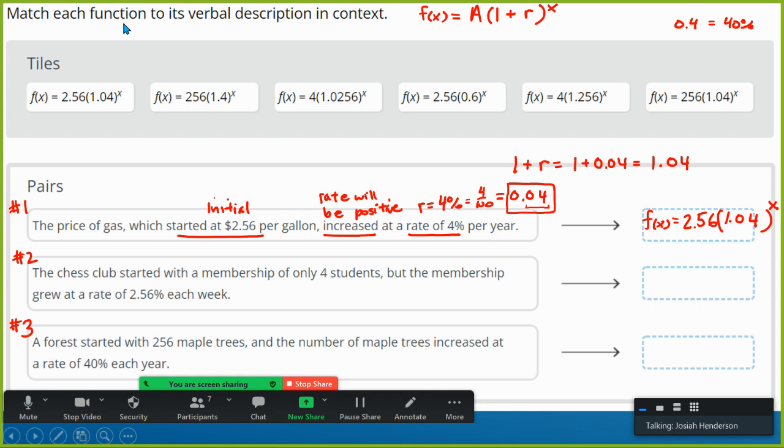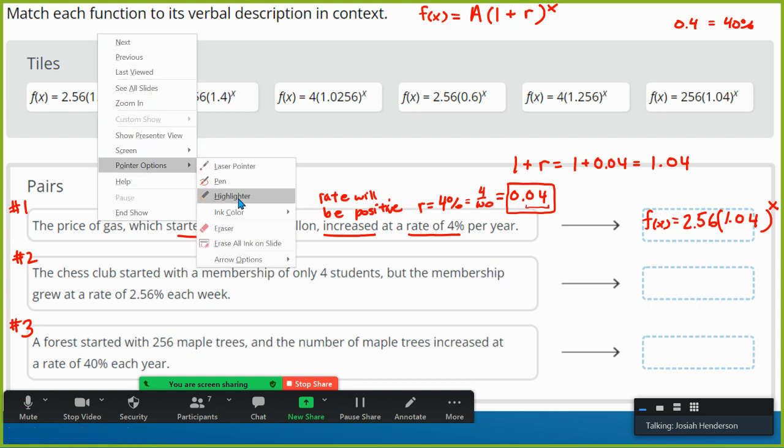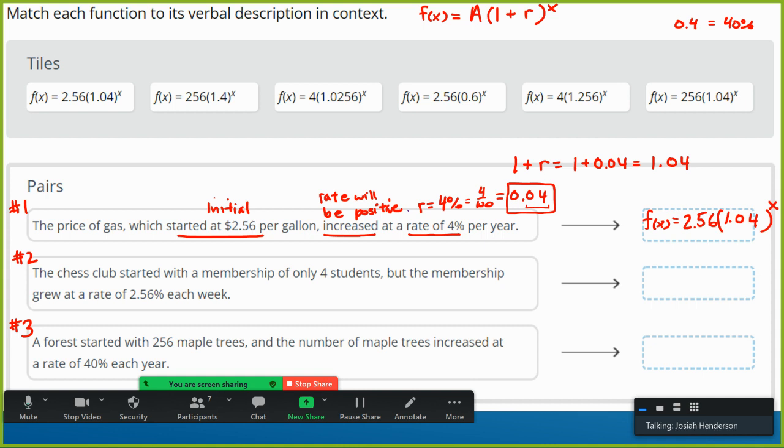All right, let's look at number 2. The chess club started with a membership of only 4 students, but the membership grew at a rate of 2.56% each week. So, what does it sound like is the initial amount this time? 4 or 2.56? What's the initial amount?